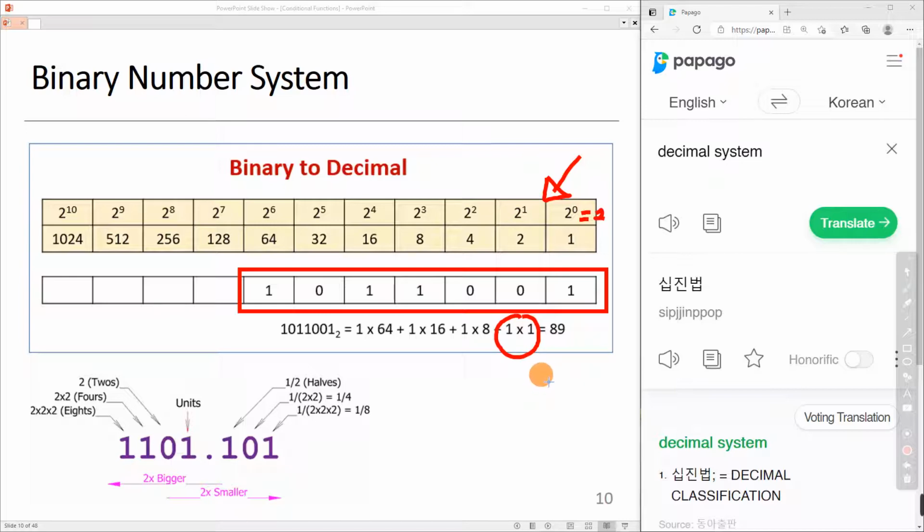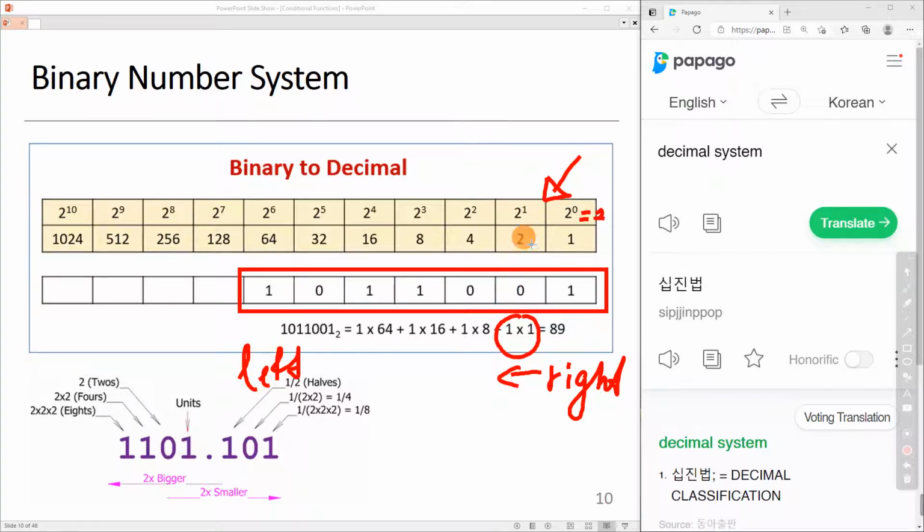We start from the right and then go to the left. Then the second one is 0 multiplied by 2 to the power of 1.